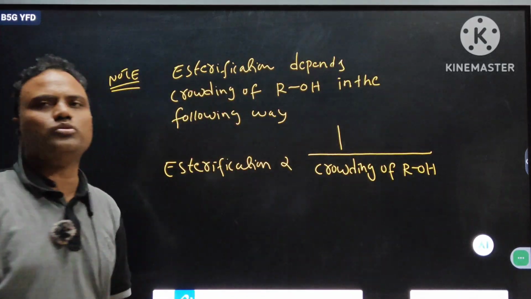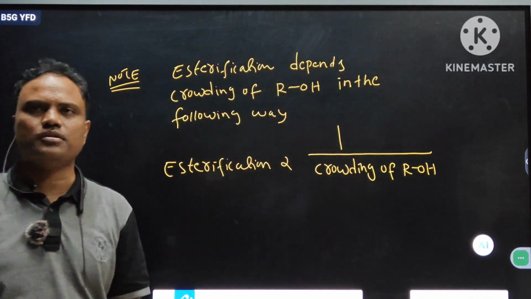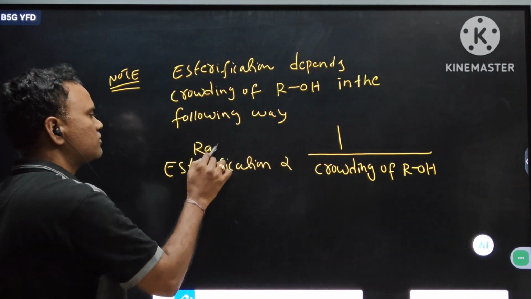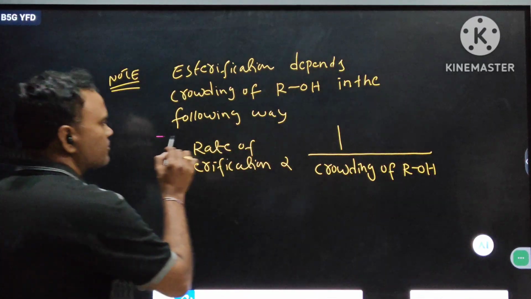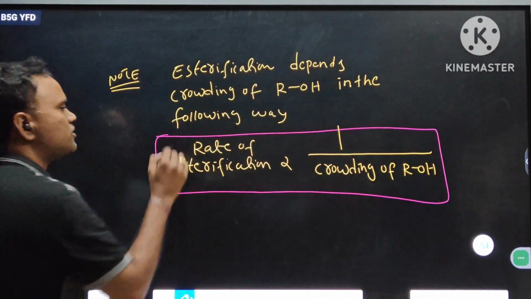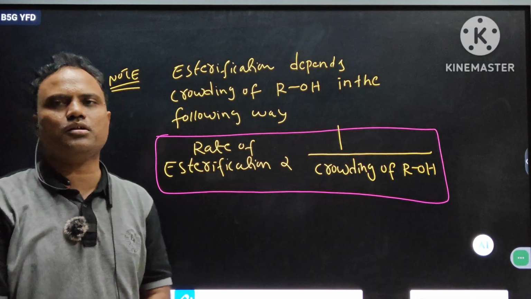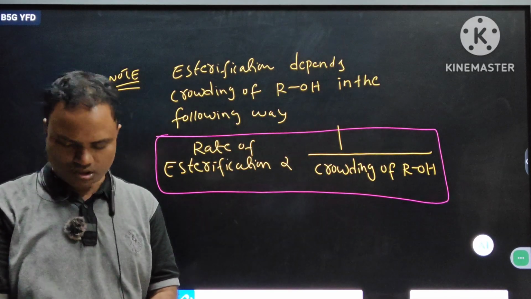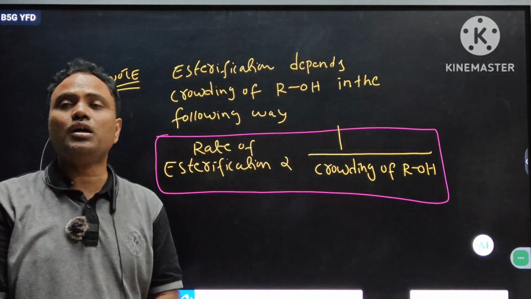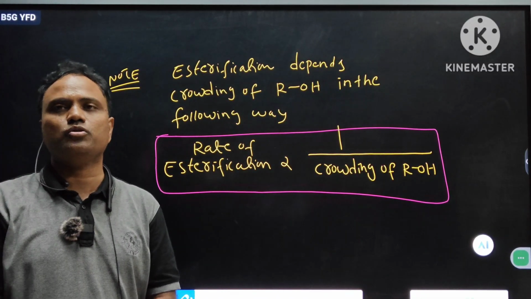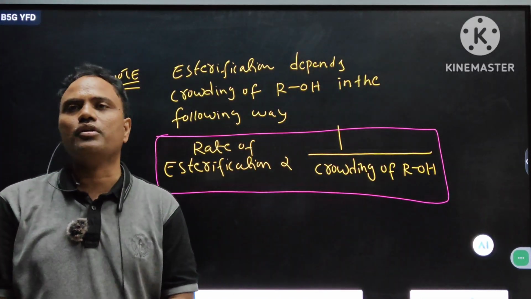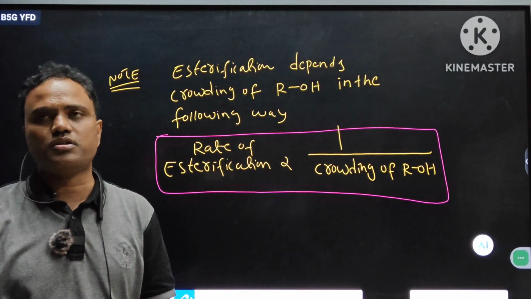If crowding is more, the esterification rate is less. The rate of esterification, or simply esterification, is inversely proportional to crowding of alcohol. Okay. If the alcohol has less crowding, the rate of esterification is more. If the alcohol has more crowding, the rate of esterification is less.